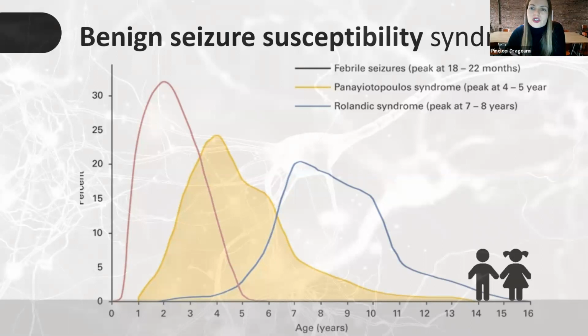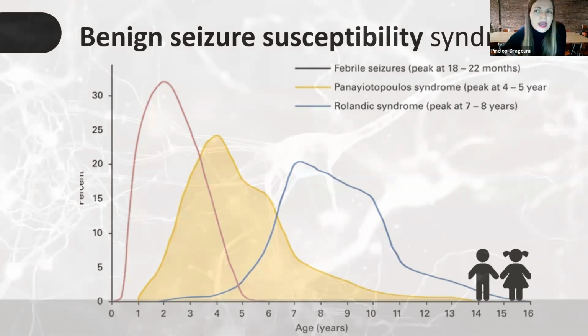Febrile seizures occur between 3 months and 5 years of age. And these two syndromes, benign, self-limited, as we now call them, focal syndromes in epilepsy, Panayiotopoulos syndrome and Rolandic epilepsy, start later on, around preschool or school age. They are characterized by normal neurodevelopment, and if we do an MRI in these children, we have normal findings in both Panayiotopoulos syndrome and Rolandic epilepsy, which is characterized by centrotemporal spikes.